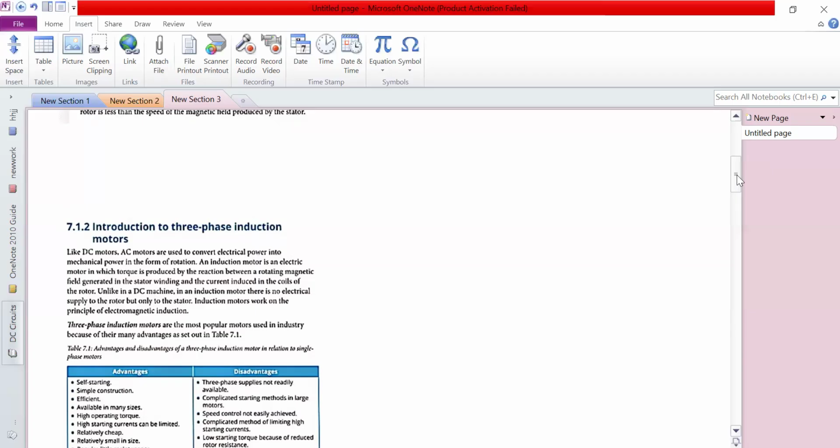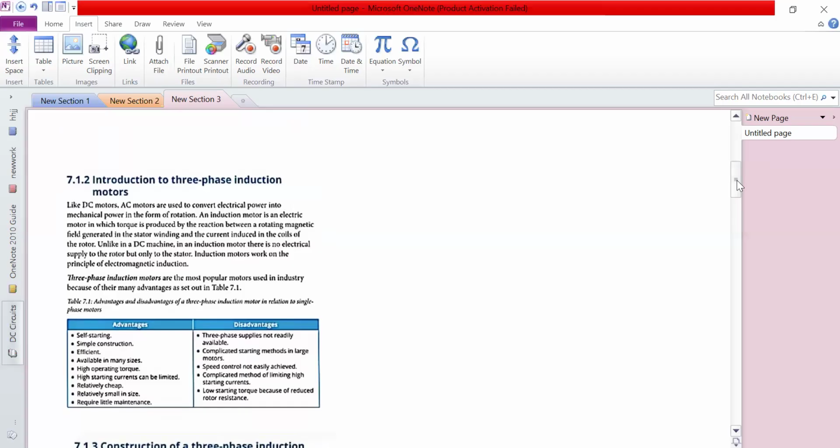That rotating magnetic flux is going to cut the wires of the rotor, inducing a current in the rotor. That induced current in the rotor is going to produce a secondary magnetic field. Because of the interaction between the primary magnetic field produced by the stator and the secondary magnetic field produced by the rotor, there's going to be motion.